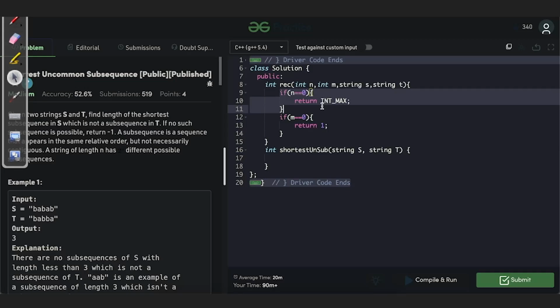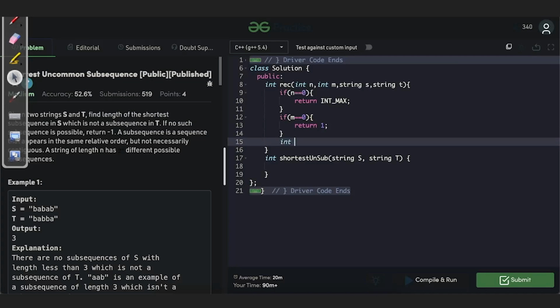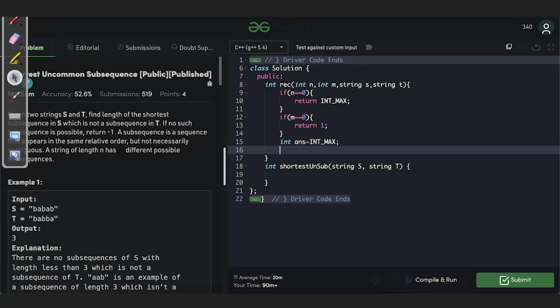If we return -1, then -1 would be the answer, and -1 can't be the answer. So instead of -1, we return a very large value, meaning the answer is not possible. Okay, fair enough. We would move forward and initialize the answer with the largest value because we want the minimum value.